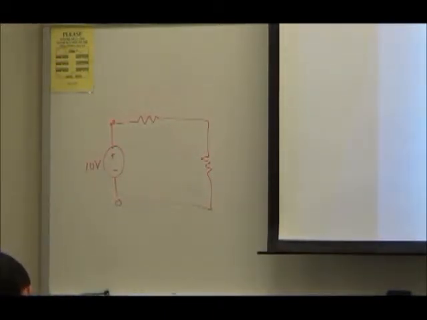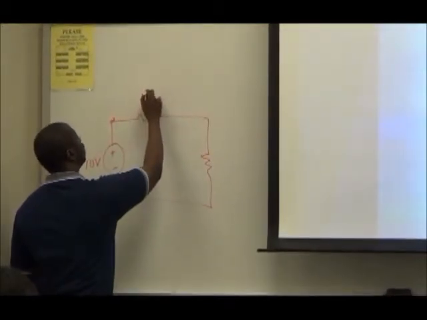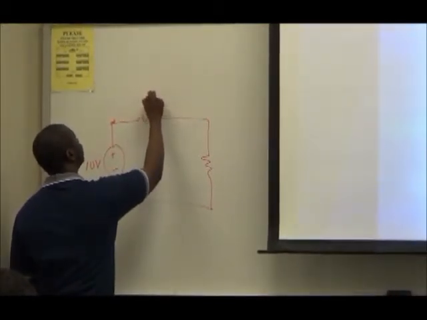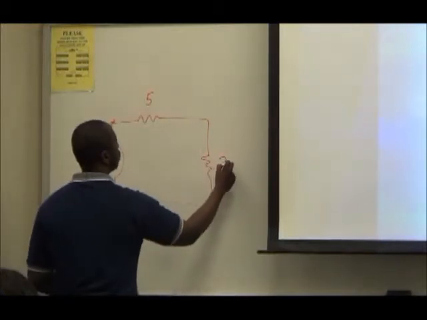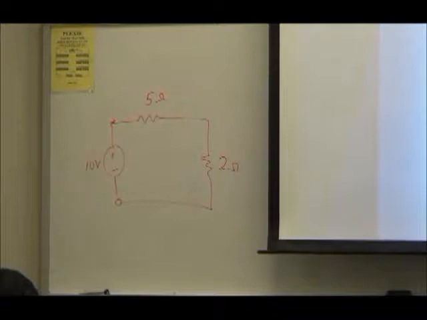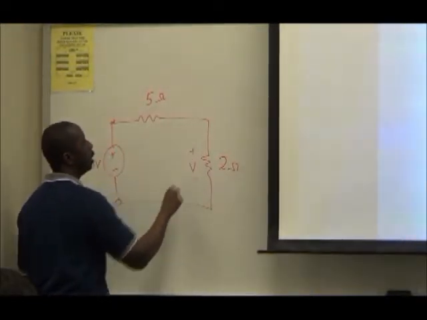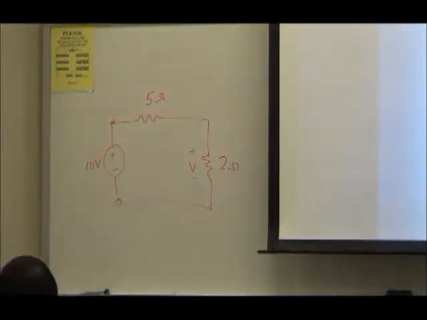Let's make this one 5 and this one 2. So this is 2 ohms, and this one is 5 ohms here. I want to figure out what the voltage is that's seen across there.